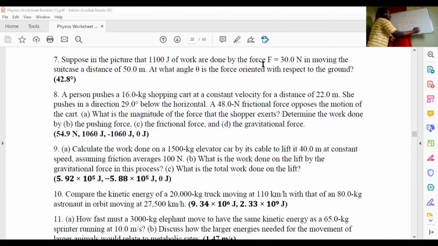So therefore, theta would be cos inverse of 0.733, and we get 42.8 degrees. So that would be the answer. That's the angle between the force and the distance that will produce this amount of work.